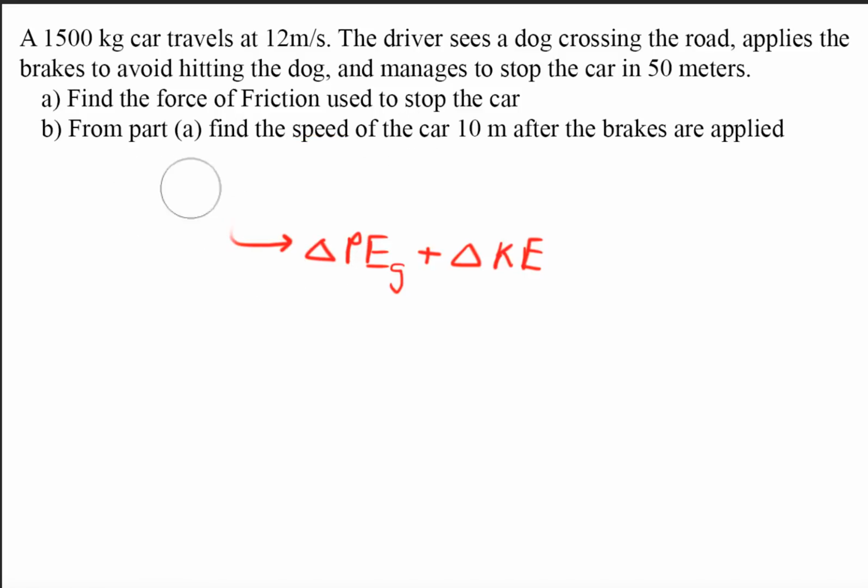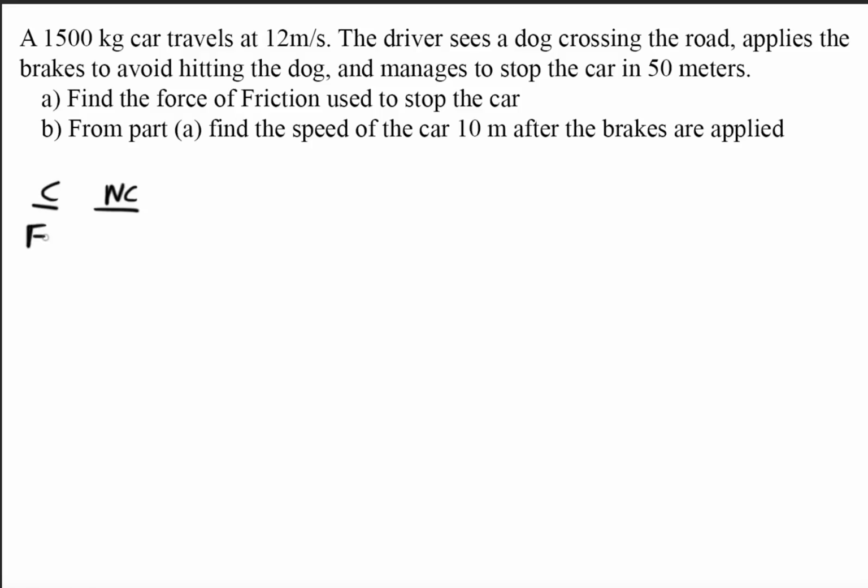So let's start plugging in our values. For the work done by non-conservative forces, we'll begin by labeling what the conservative forces are and what the non-conservative forces are. We know the conservative force is gravity, and the non-conservative forces are the normal force and the work done by friction.